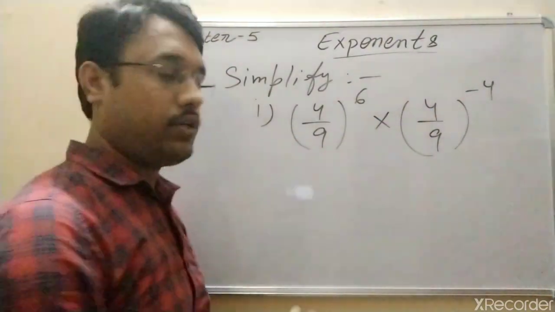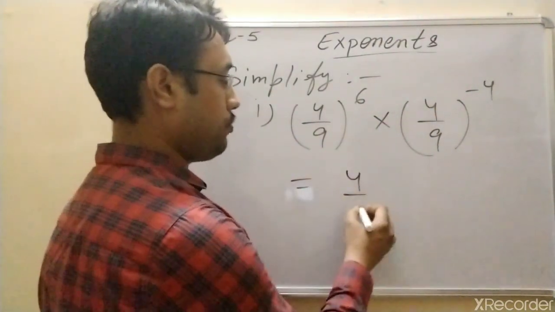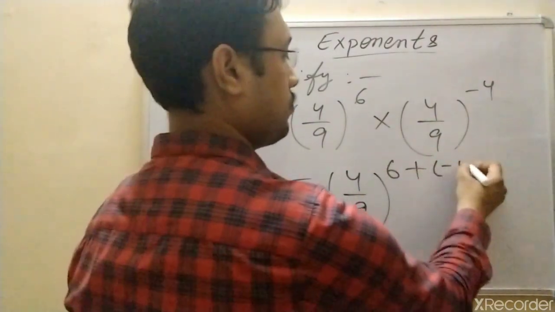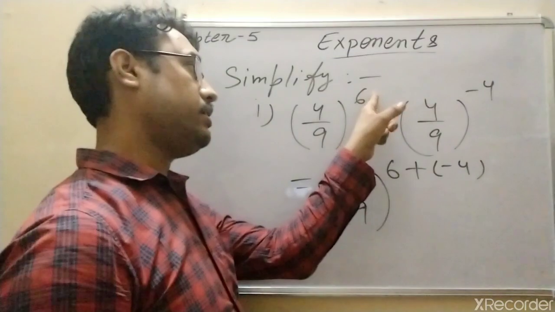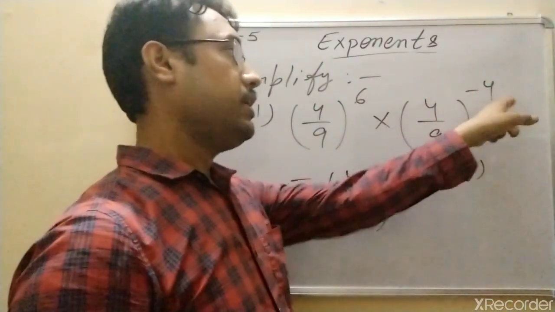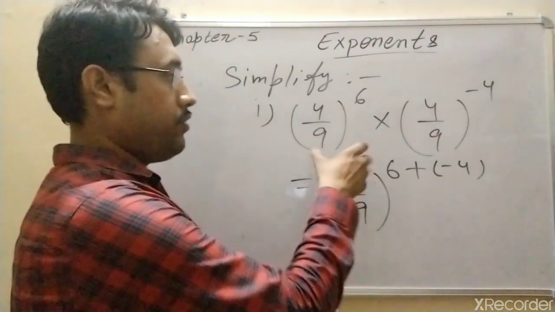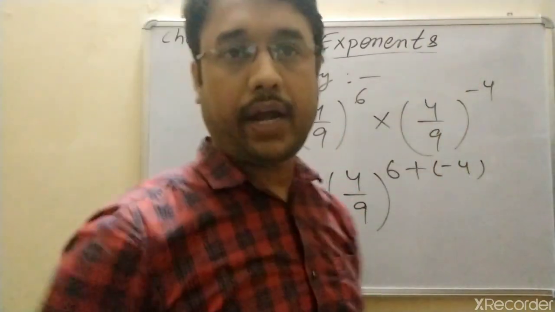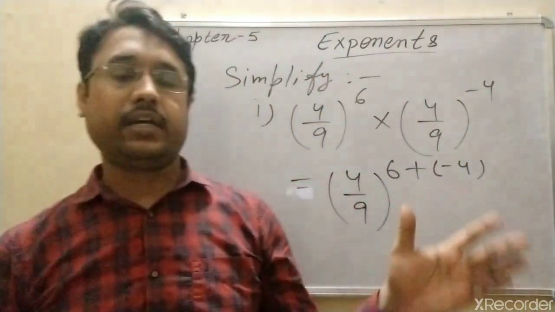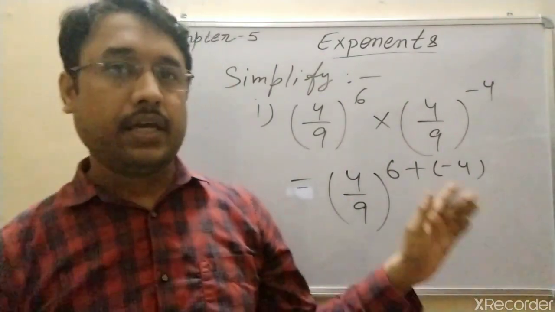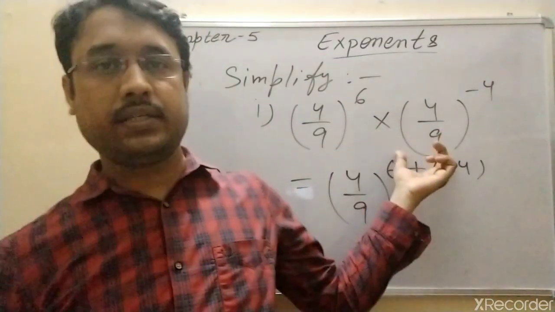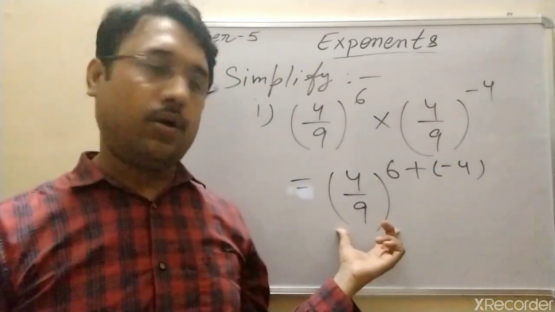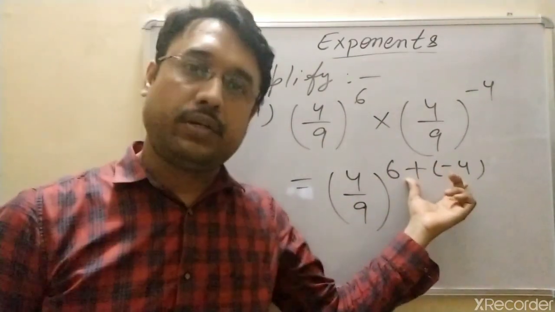Then what you will do, the base is the same here, 4 by 9 to the power 6 plus minus 4. Here the difference is that it has a positive power and it has a negative power. Why? If two numbers we are multiplying and their base is the same, then the powers you have to add. This rule I have said: two numbers we are multiplying and they have the same base, then in the product the base will be the same, only you have to add the exponents.